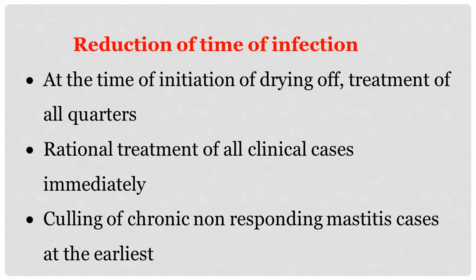We have already discussed it. Then cull chronic non-responding mastitis cases as early as possible, because in the farm, as long as these chronic non-responding mastitis cases are there, they go on shedding the infection to the other animals. So remove them as early as possible. Cull these animals.